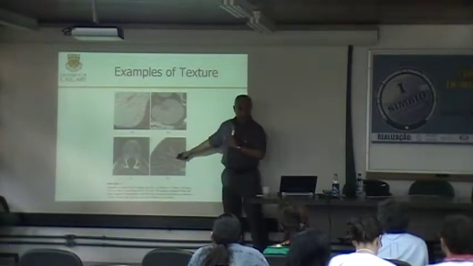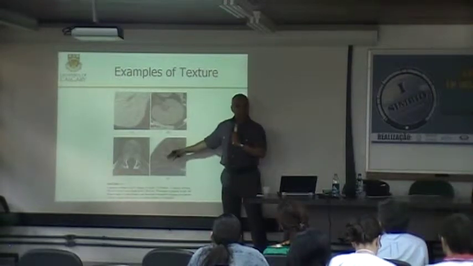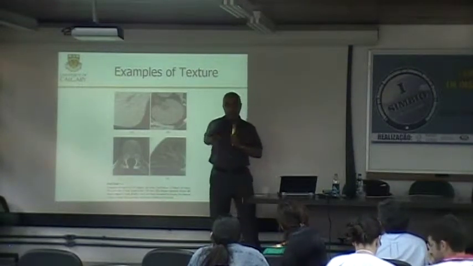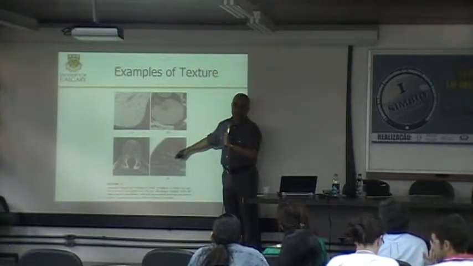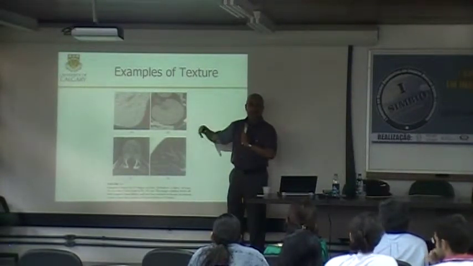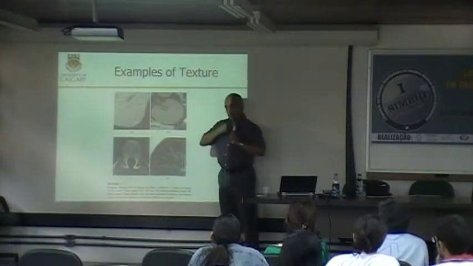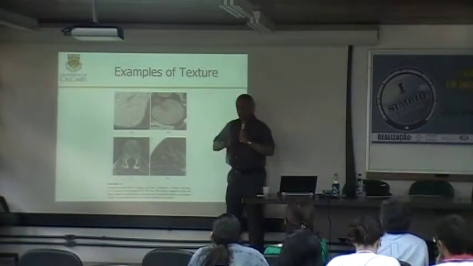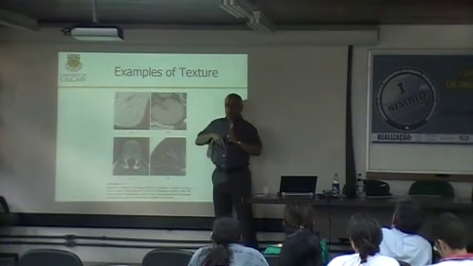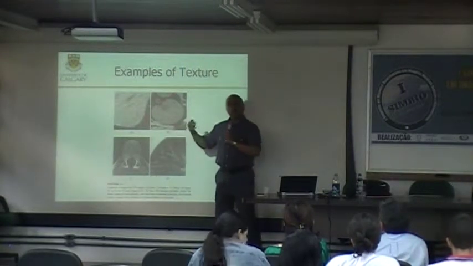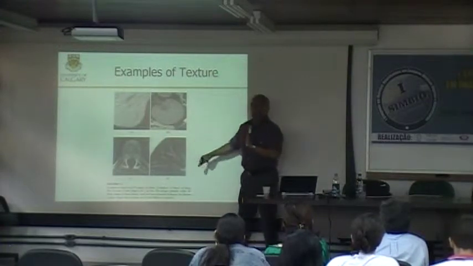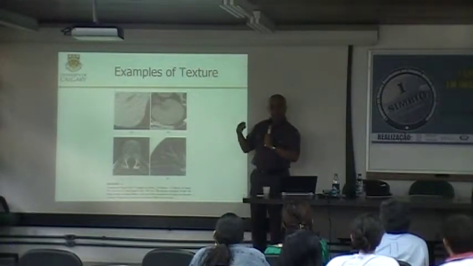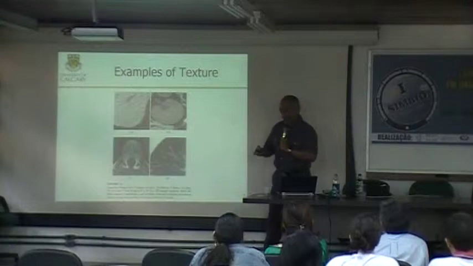So this is oriented texture. But it is not oriented like the grains of wood. So this is fractal texture. Iterative branching pattern from the main airway branching and branching again and again. So there is a repeated branching pattern. So it is like a fractal. Fractals can also be classified as texture.